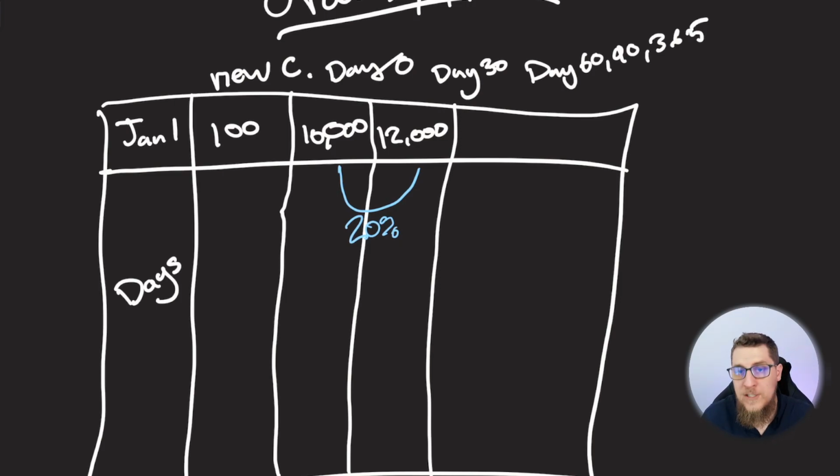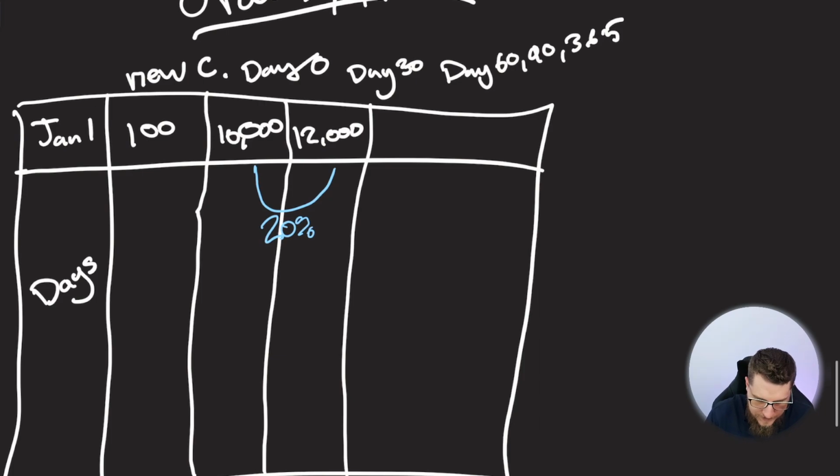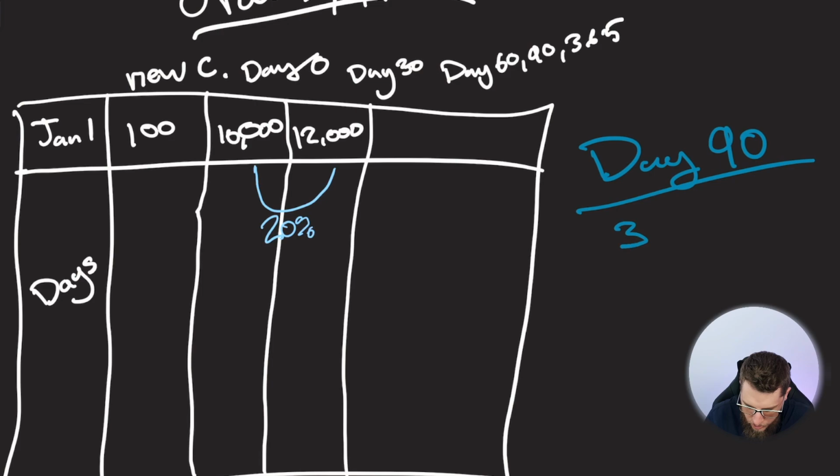And so a benchmark of what we want to go for is day 60 or day 90. Let's put this in. So for the day 90 benchmark, shoot for a 30% increase.